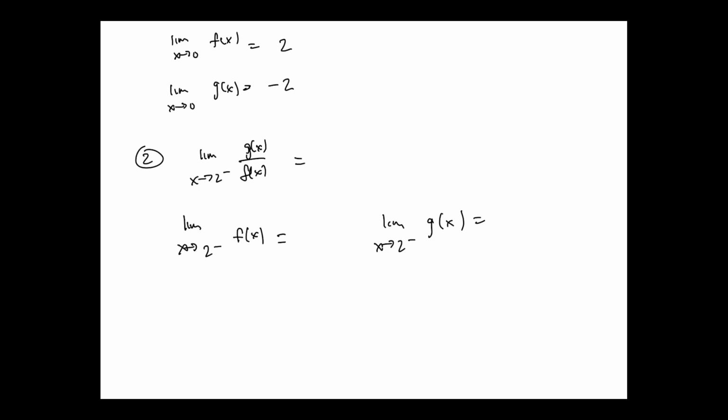Agreement? Disagreement? Yeah? Okay, what about g? You guys agree? Okay, so what's the limit of the quotient in this case? It'd be 0 divided by 1, which is 0.